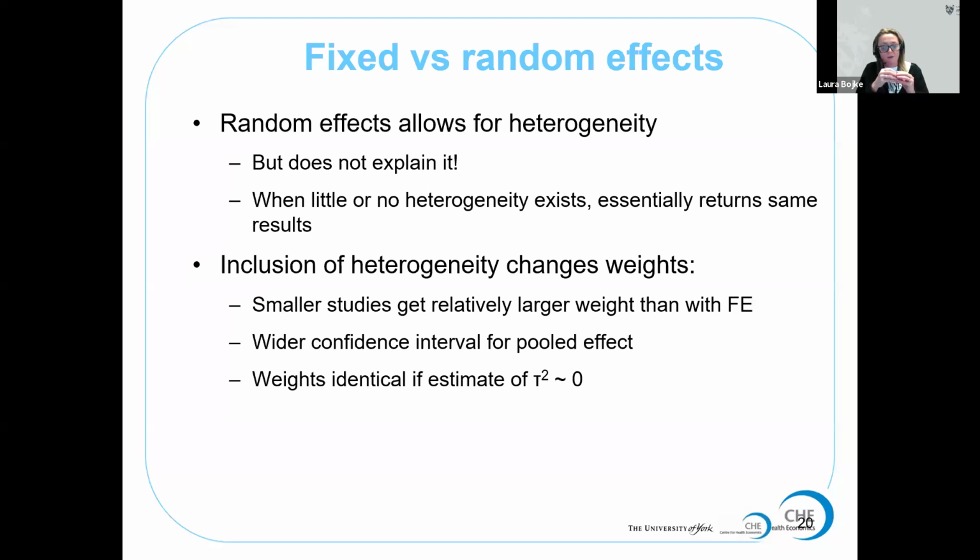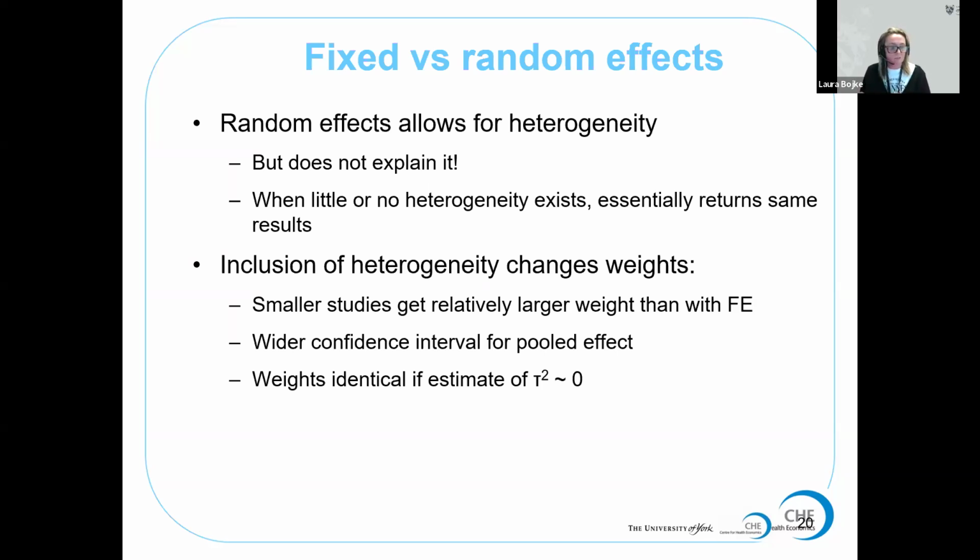It is certainly the case that when there are few studies, so for example, if we had 2 or 3 studies, it would be quite difficult to estimate that tau squared. It is likely that the tau squared would demonstrate that there is little or no heterogeneity, when actually we may believe that there is. It's just that we've got a much more limited sample of studies.